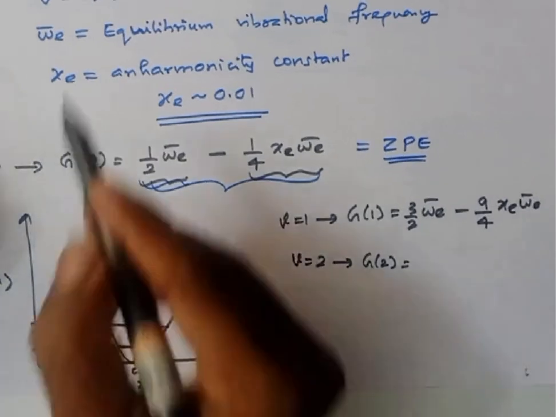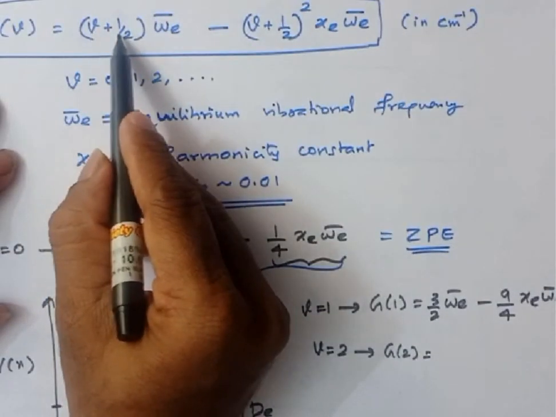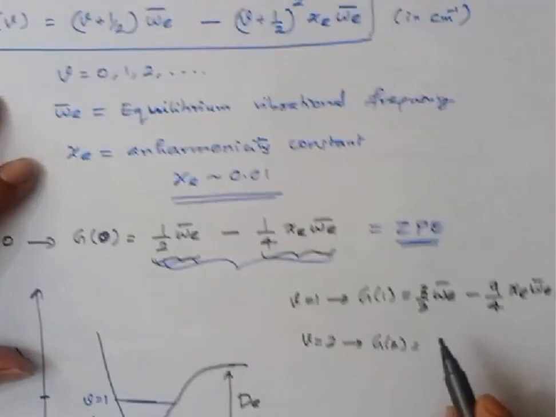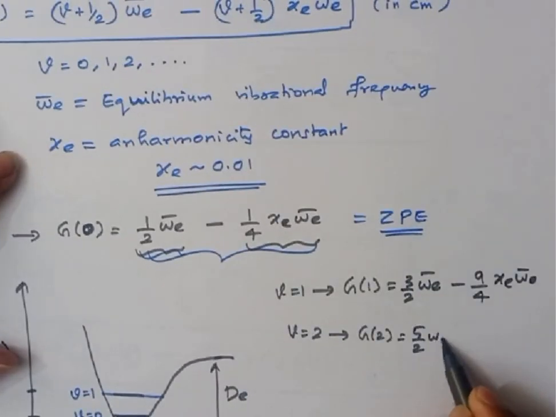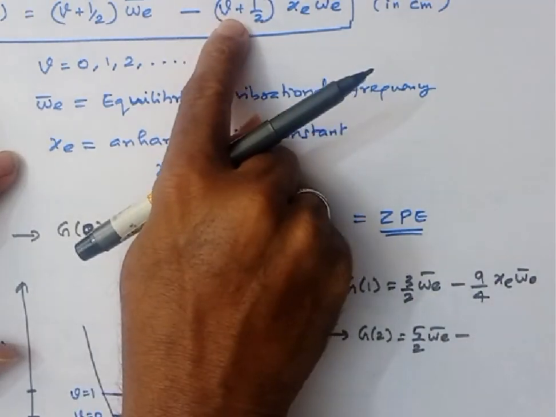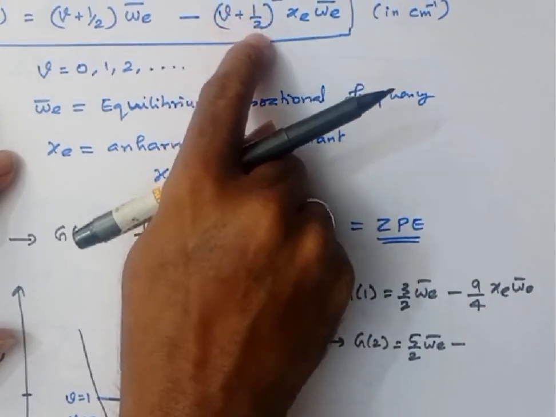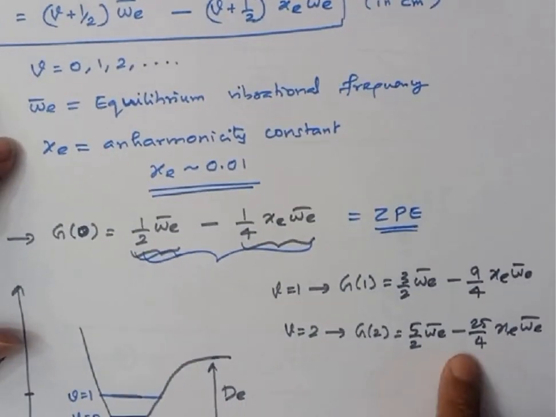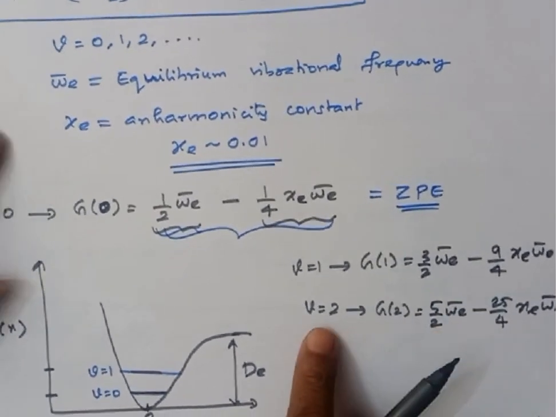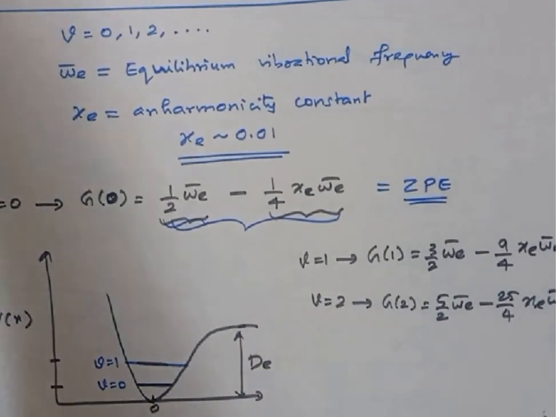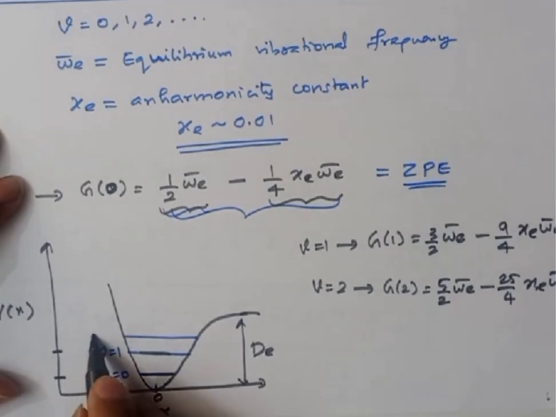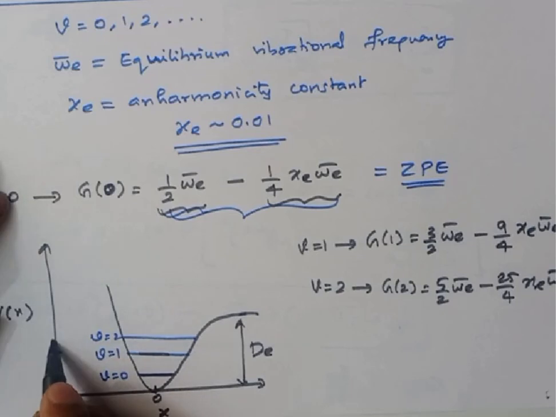If I put v equal to 2, 2 plus 1/2 is 5/2, so you'll get 5/2 omega_e bar minus (5/2)² which is 25/4 xe omega_e bar. This is the vibration energy when v equal to 2.